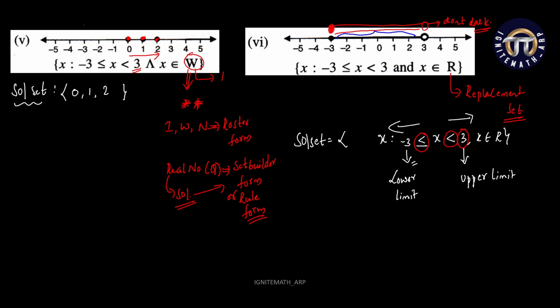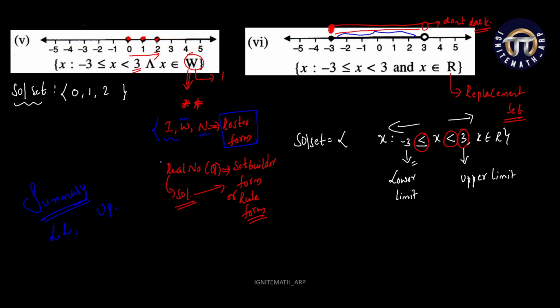Understood? Very, very simple. So how can I give you the summary? Children, identify the lower limit, identify the upper limit. If the replacement set is the set of integers, whole numbers, or natural numbers, represent the solution set in roster form, with no darkening of the intermediate place.